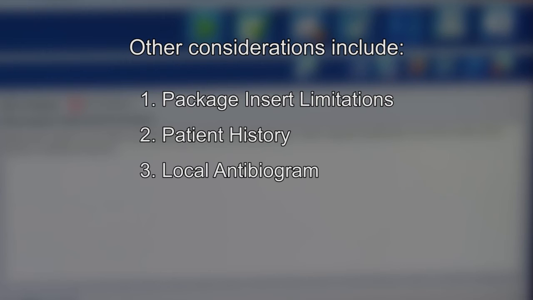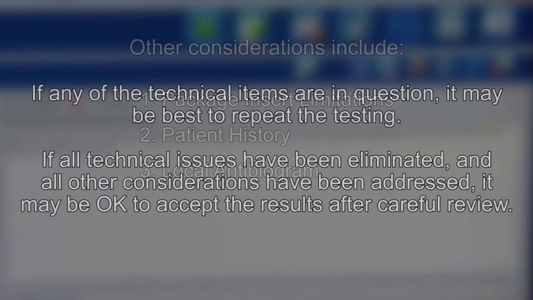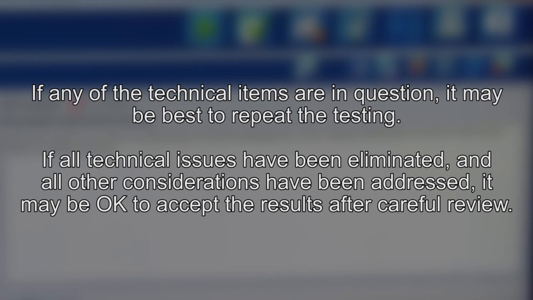Other considerations include package insert limitations, patient history, local antibiogram. If any of the technical items are in question, it may be best to repeat the testing. If all technical issues have been eliminated and all other considerations have been addressed, it may be okay to accept the results after careful review.